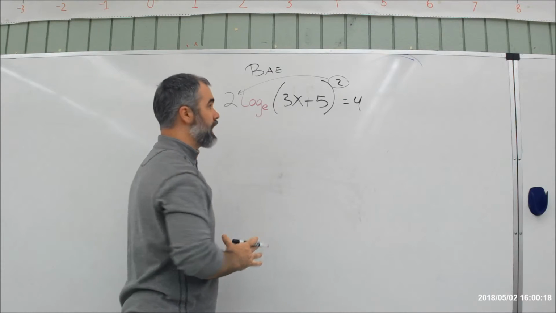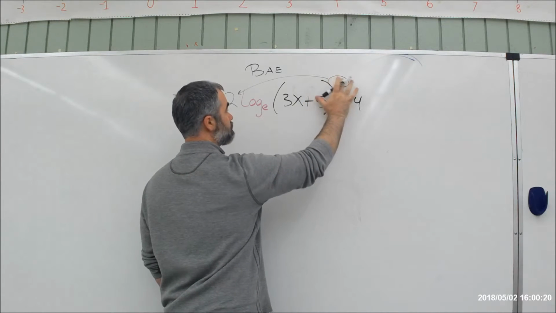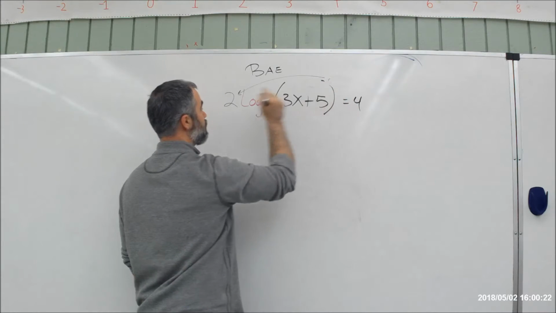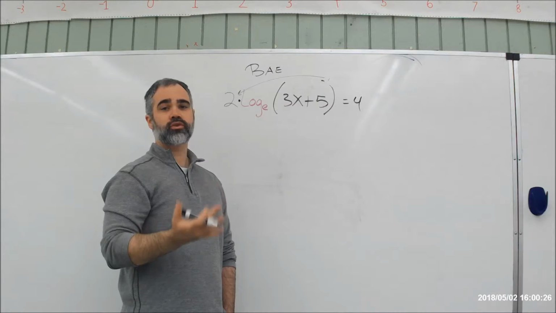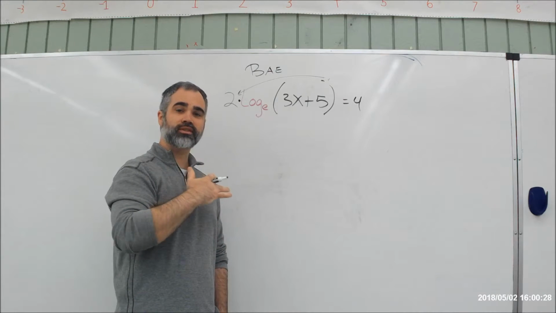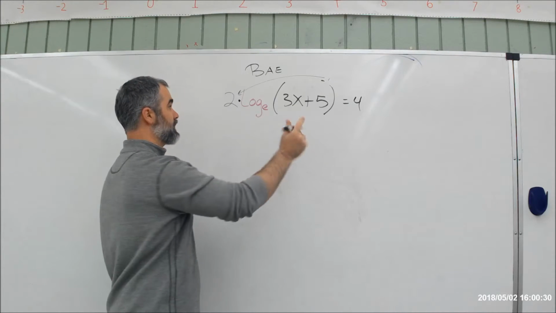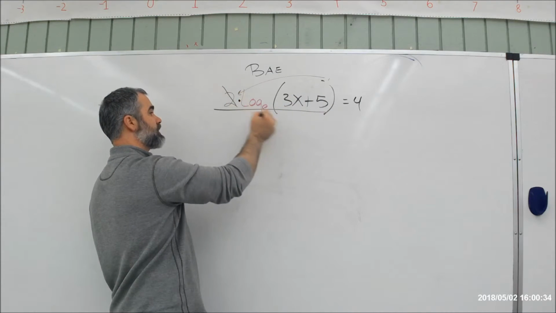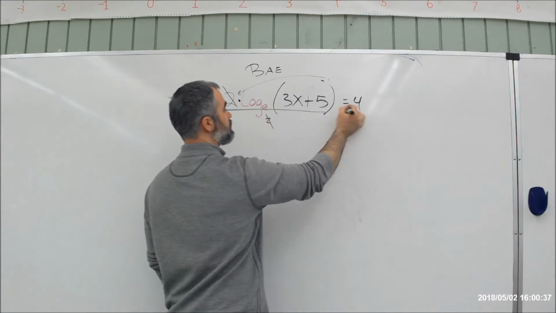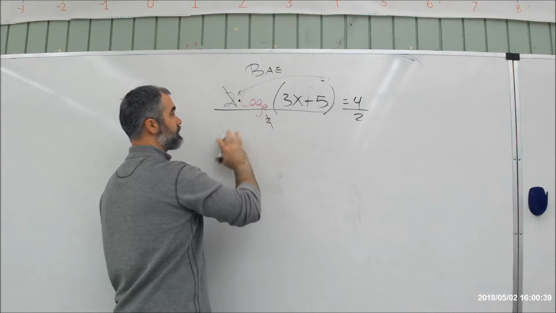And if I do that, it's really nice on this problem, because now I have, instead of an exponent, 2 times something. So what I can do is I can just divide out the 2 from the beginning. So if I divide everything by 2 here, this cancels that, and I can divide this by 2.